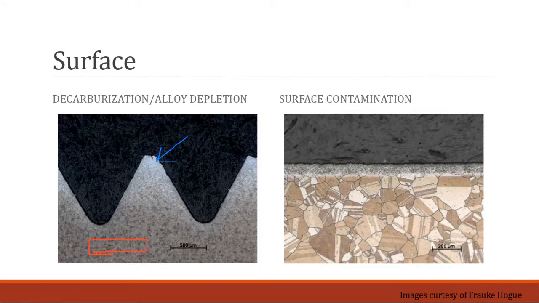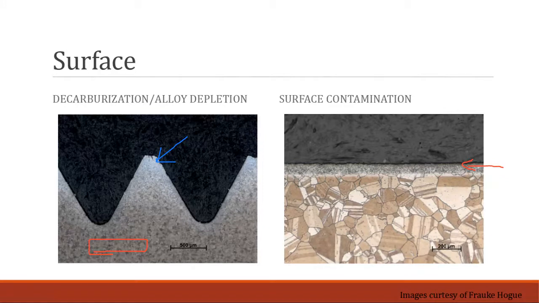Surface contamination. This would be the contaminated layer. This also, once again, is high temperature exposure. When you're allowing the material to react with the atmosphere, especially at high temperatures, you get stuff that dissolves into the base material, such as oxygen.